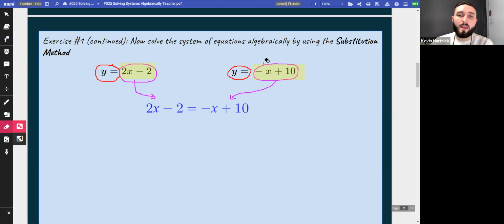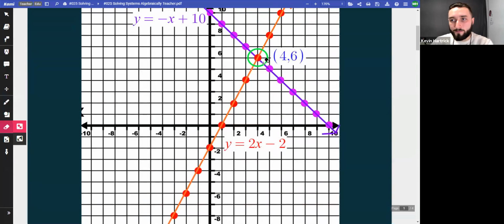Why am I doing that? I'm doing that because I want to find the x value where they're both the same. So what I'm saying is assume that this y is the same as this y. If both y's are the same, I need to figure out what x makes that true, because we're trying to find a point, right?